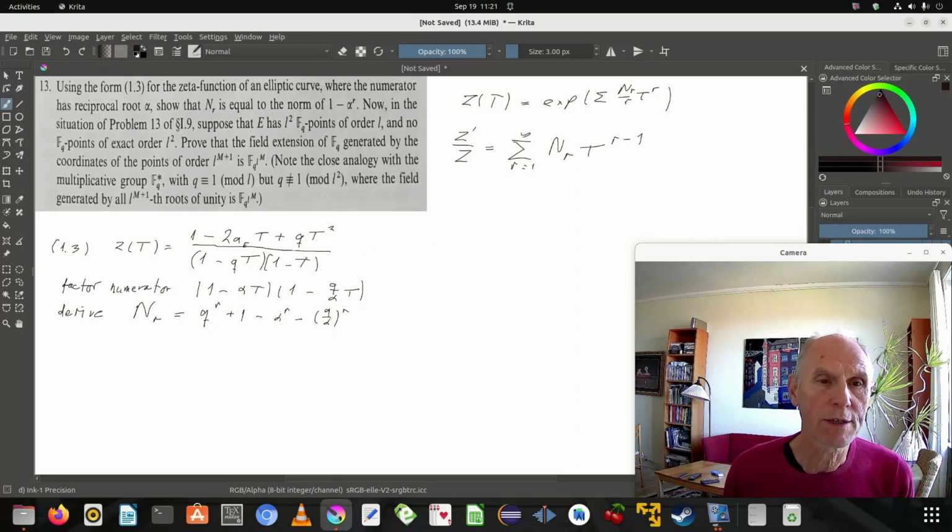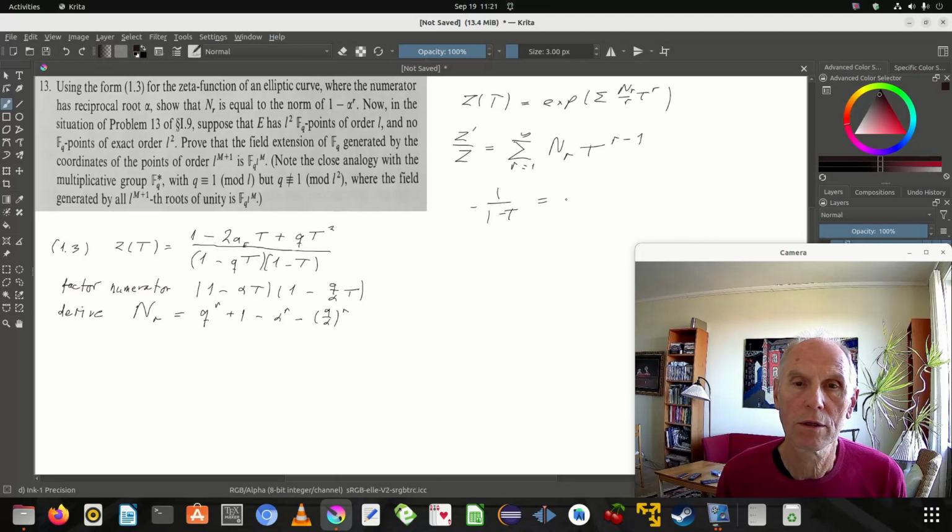And that means if we say take the logarithmic derivative and get minus 1 divided by minus 1 minus t and expand it, it's minus the sum of t to the rth, r going from 0 to infinity.